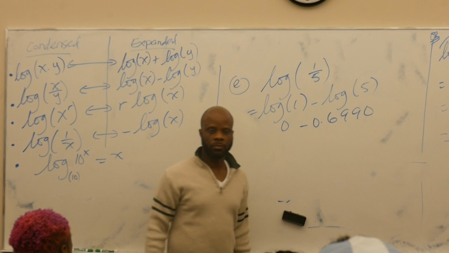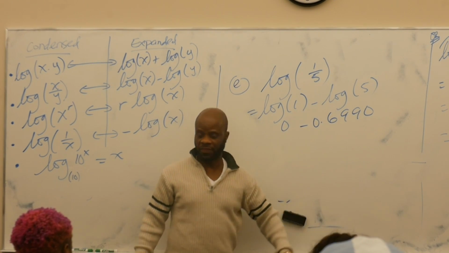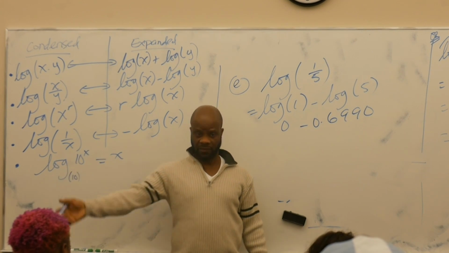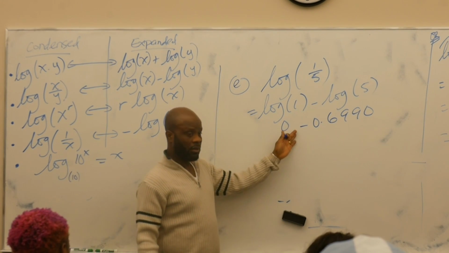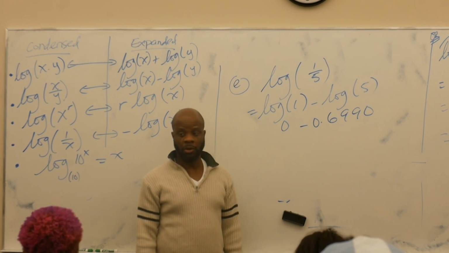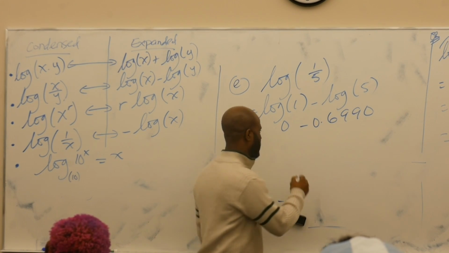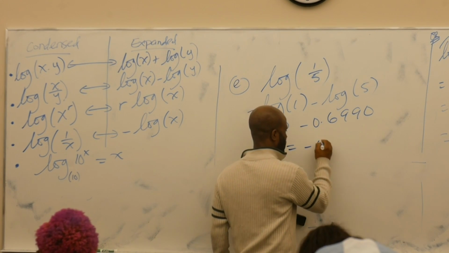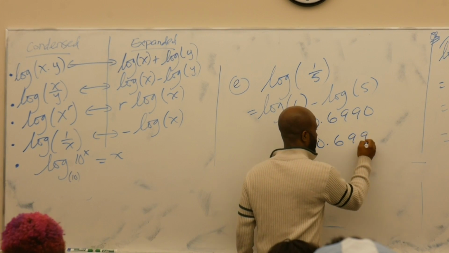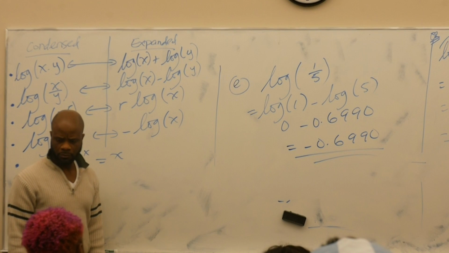Okay. So what's 0 minus anything? It's the negative of that thing, right? You had nothing and you want to spend 69 cents. Well, you gotta borrow money. Yeah, thank you. That is one way to find it.